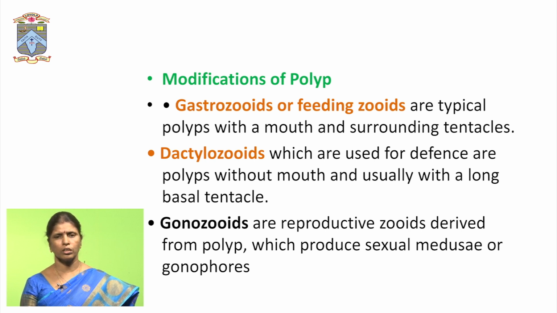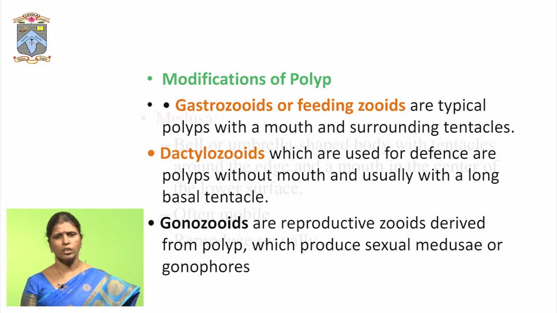So, there are 3 types we have discussed for the polypoid modifications: gastrozooids, dactylozooids, and gonozooids, also called tentaculozooids. Like this, there are so many modifications.